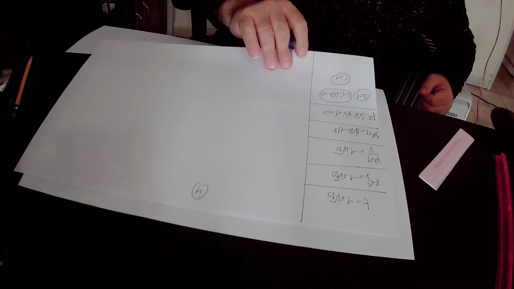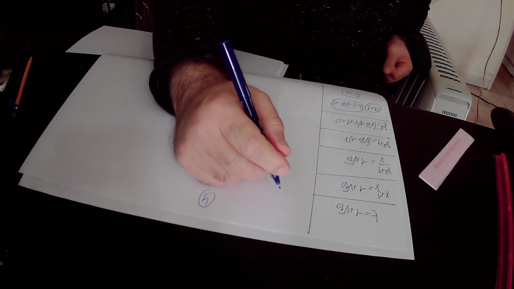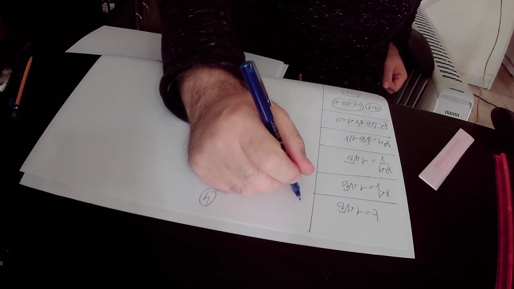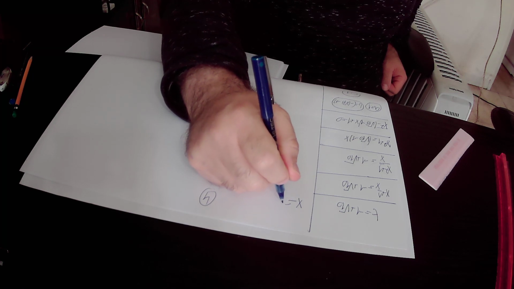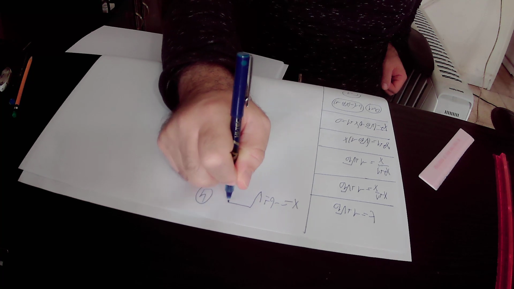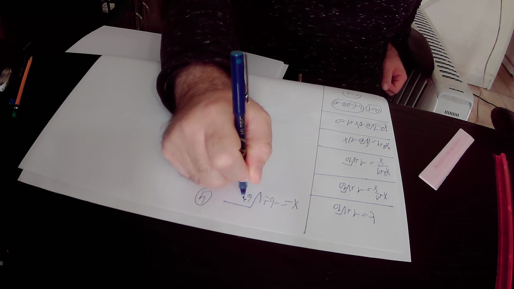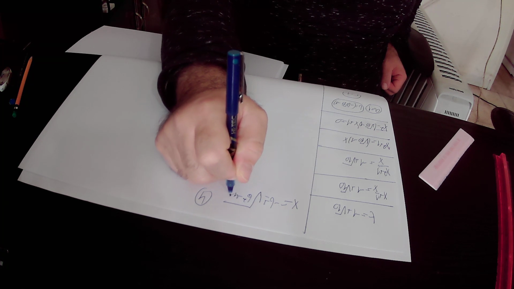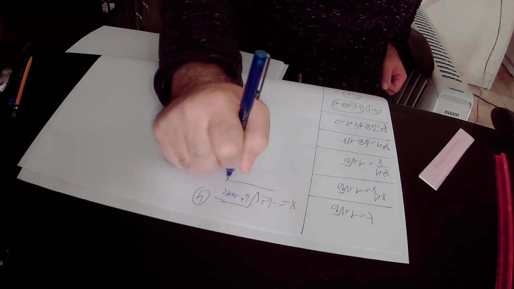And the general solution for a quadratic equation, we know that x equals minus b plus minus square root of b squared minus 4 times a times c, over 2a.